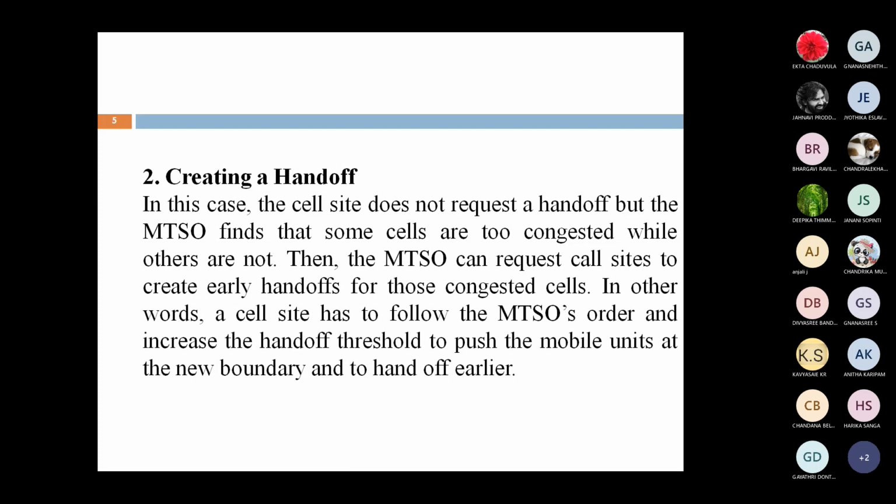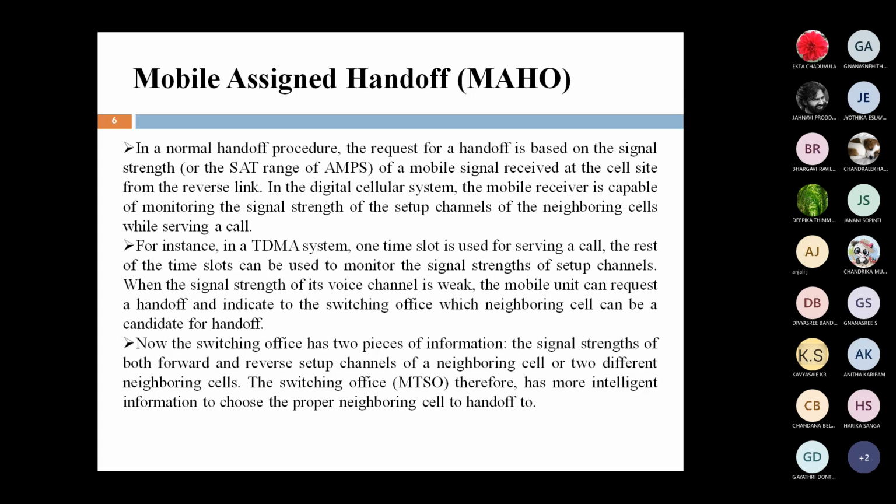That is, in a present cell, only 10 channels are available, only 10 customers are there. But new customers are coming and entering the network. Then we have to change the threshold value and push the previous customers into a new boundary. This is about the creating handoff. This is done by MTSO. And this is the second type, forced handoff.